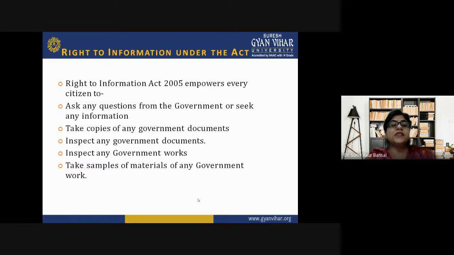Any citizen can inspect any government documents, inspect any government works, and take samples of materials of any government works. Isn't it a very good way of leading a country with democratic values?